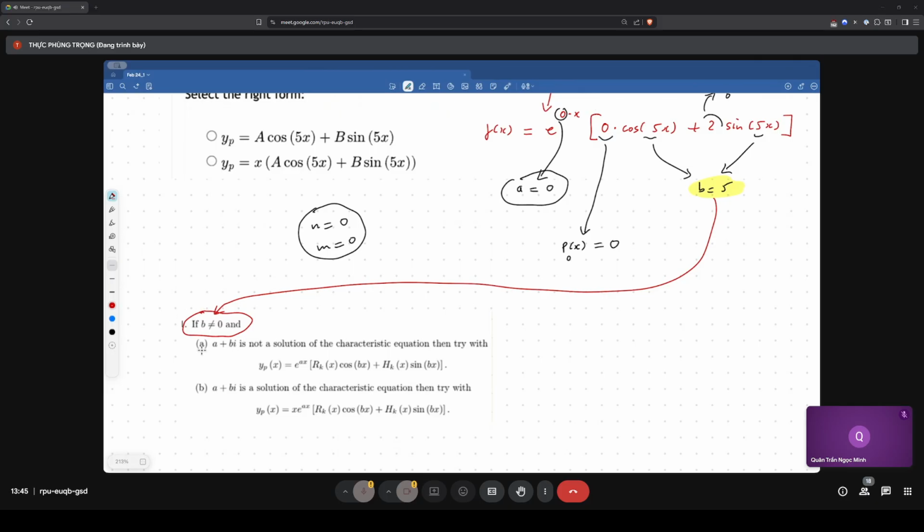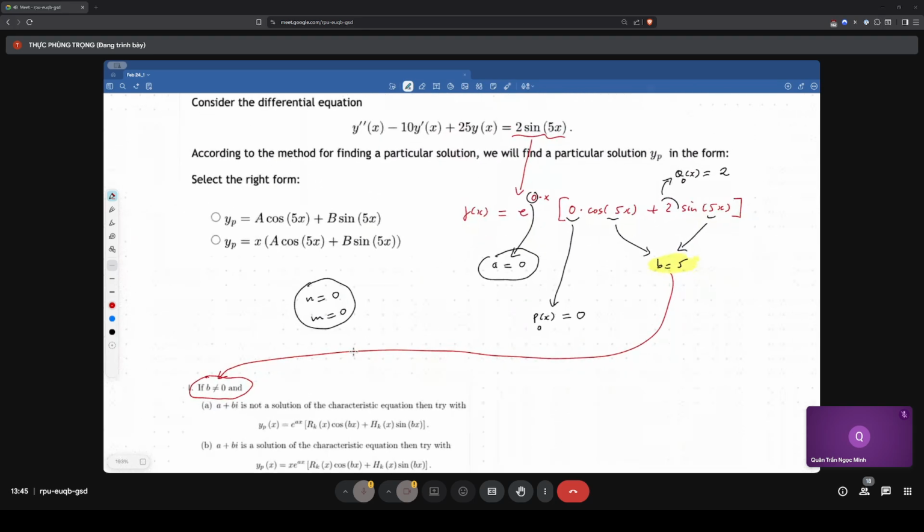Because of that, we need to look at these two smaller situations. And for any in here, you need to look at the characteristic equation. Because of that, I need to go back to the equation and see what the characteristic equation is. You see, we had t squared minus 10t plus 25 equals 0.